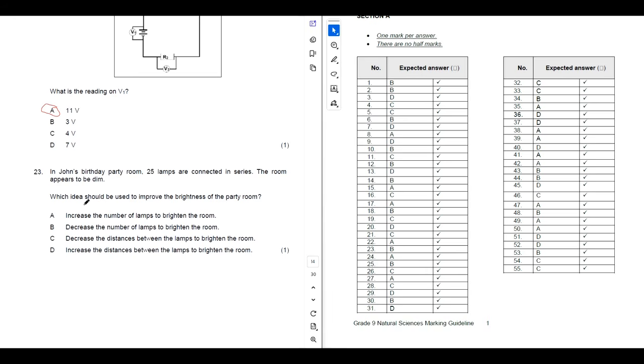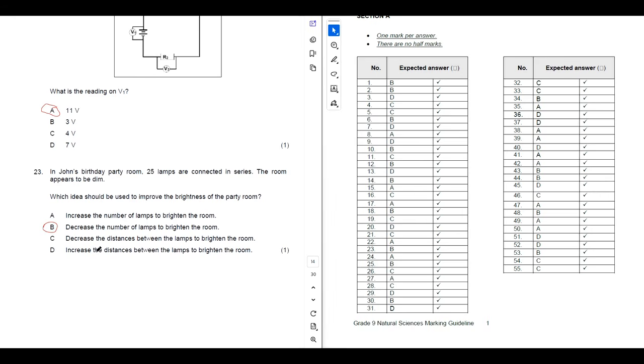The idea that should be used is to decrease the number of lamps to brighten the room. So this basically means that the number of lamps needs to be decreased so that the room can be brightened, right? So our answer will be B.